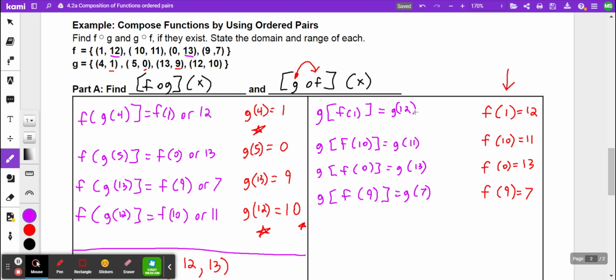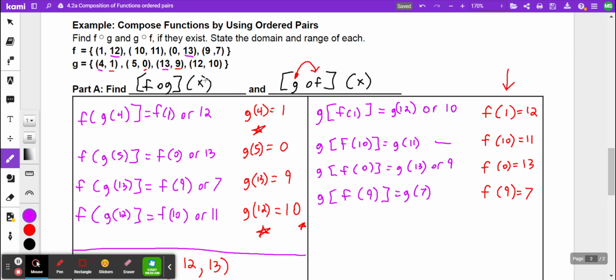All right, so this is what we get. G of 12: if I input 12, I'm going to get 10. If I input 11, hey, wait a second, there's no input 11. So I'm going to put this right here. If I input 13, I'm going to get 9. And if I input 7, wait, there's no input of 7.